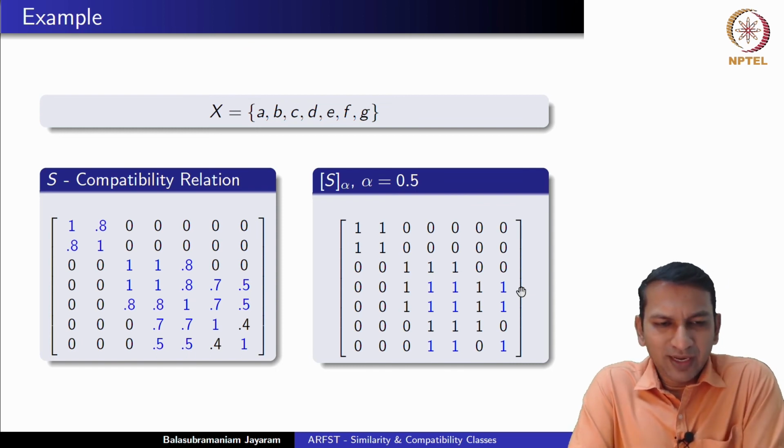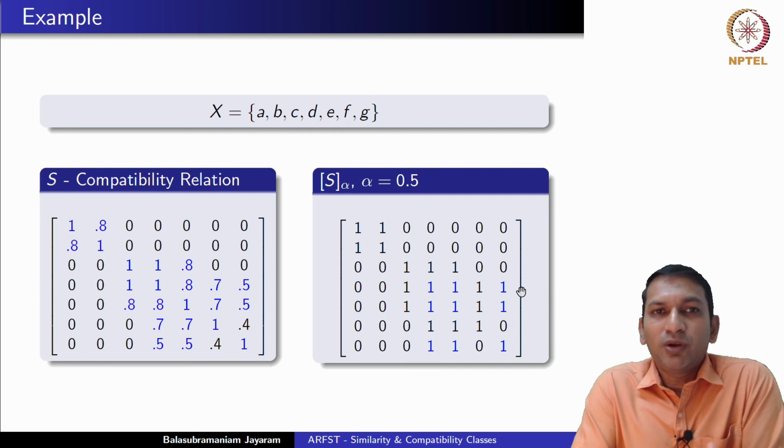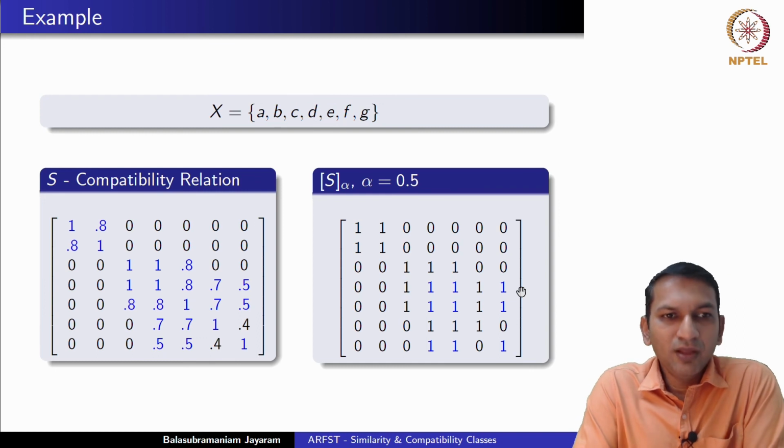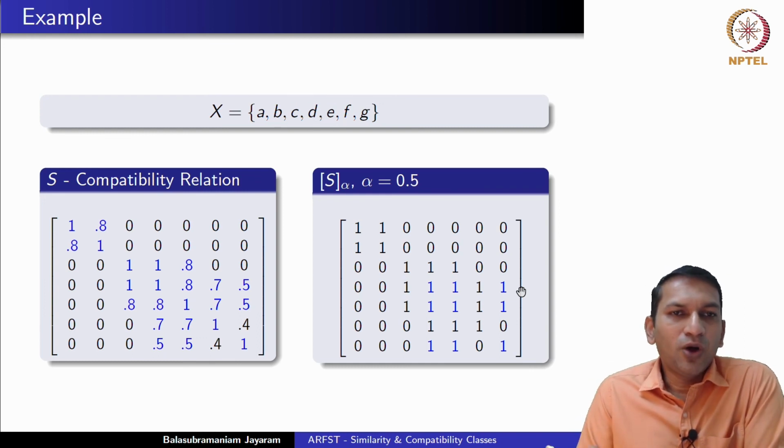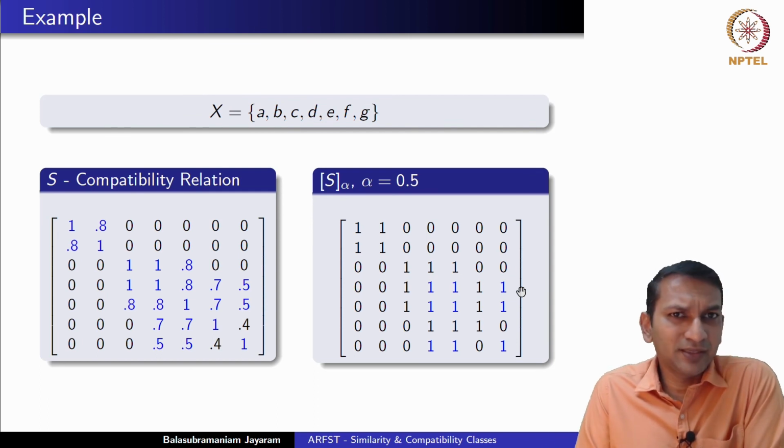Now the question will arise, so what? What if we have only compatibility classes which anyway form a cover of X? Well, the question is, how much information are you able to gain from these compatibility classes?